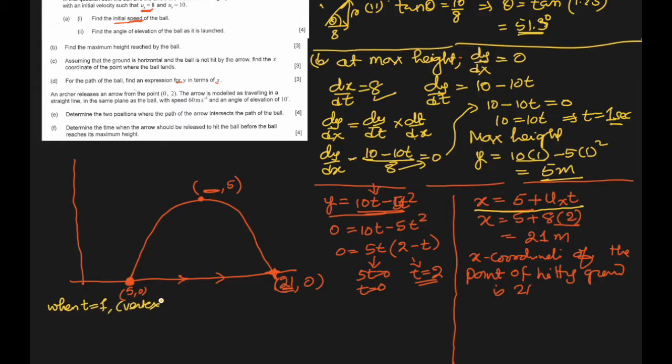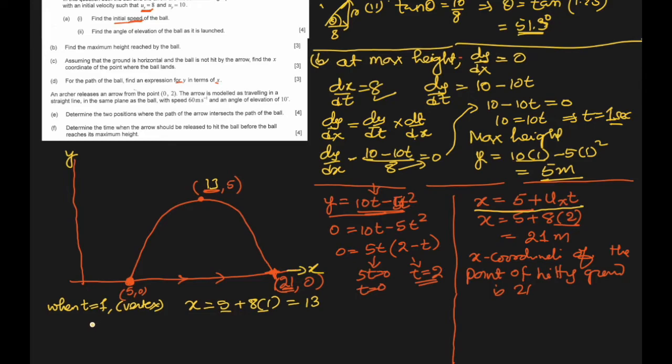Okay, what is x equal to? x equal to 5 plus 8 times 1, which is 13. Yeah, 5 plus 8, 13. The x coordinate here is 13, and now we can write y in terms of x because this is our y axis, this is x axis.